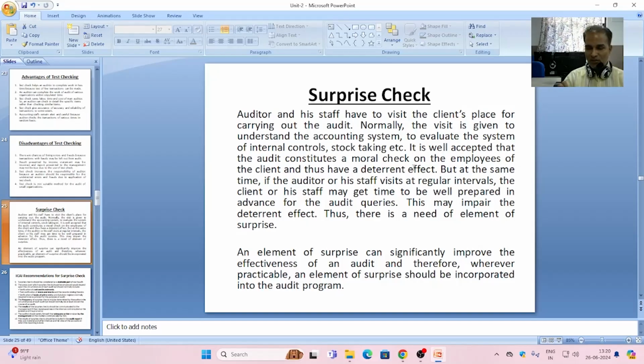In case of surprise check, the auditor and his staff, without any prior information, come to the client business and do the audit work. And it provides a significant improvement in the effectiveness of the audit because the client and his staff are not prepared in advance for the queries raised by the auditor, and it provides effective results for the audit work.